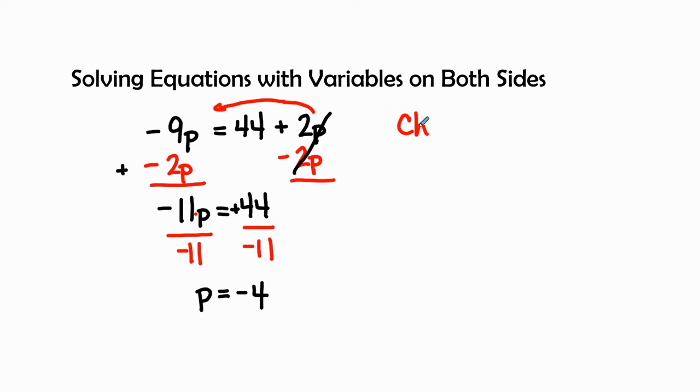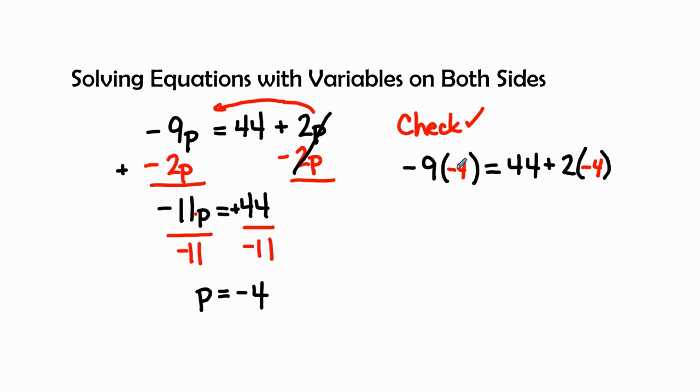Let's spell it correctly here. Here we go, -9. Instead of the p, I'm going to put parentheses for the variable, 44 plus 2 open and close parentheses. Now I'm going to go ahead and substitute in a -4 in these areas.